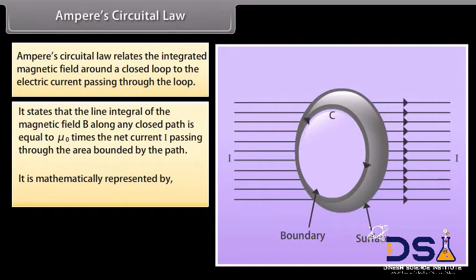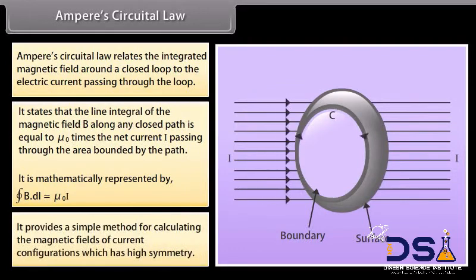It is mathematically represented by the closed integral of B dot dl equal to mu naught I. It provides a simple method for calculating the magnetic fields of current configurations which have high symmetry.